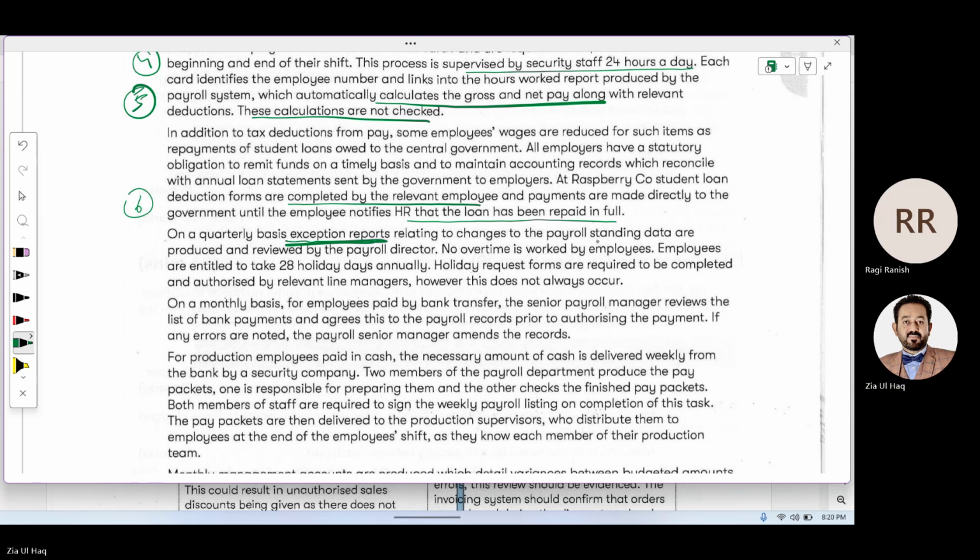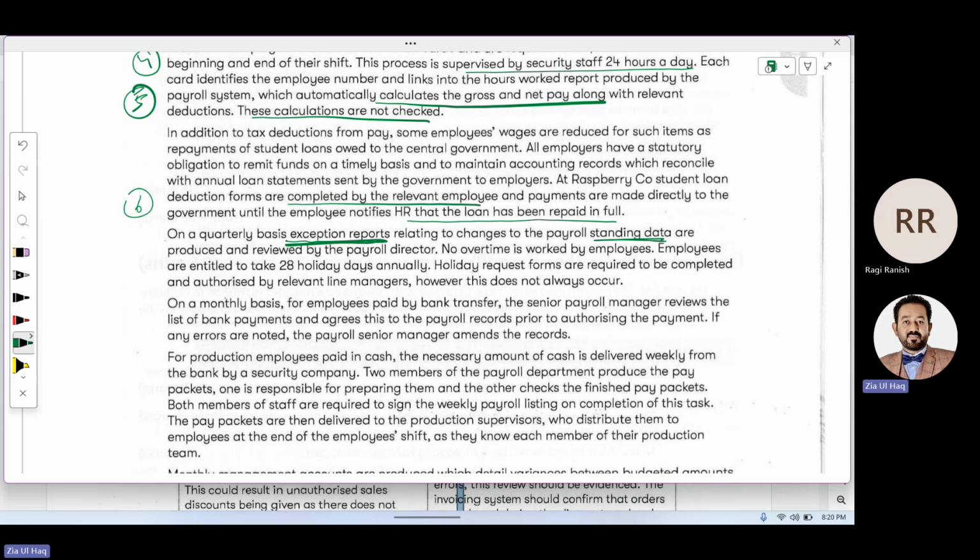Standing data means the master file, where employees' ledgers and files are maintained. If anybody accesses that file without authorization, the system records that. On a quarterly basis, the system produces a report showing on this day and time the system has been accessed, either through this password or that password.